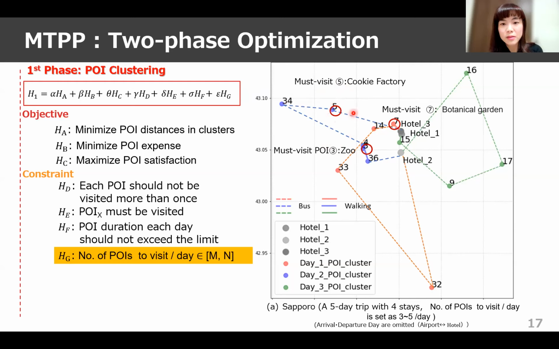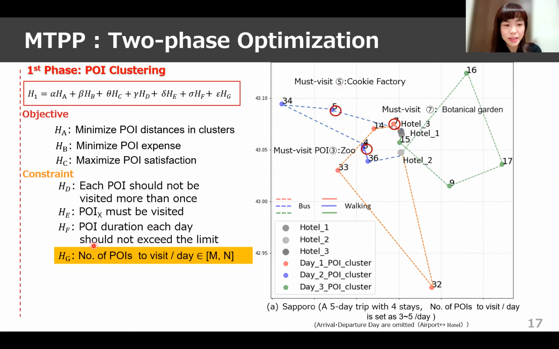We can see that if the user would like to visit 3, 5, and 7, then we should include those 3 POIs in the final result. And from this example, we successfully include those must-visit POIs in our final results.